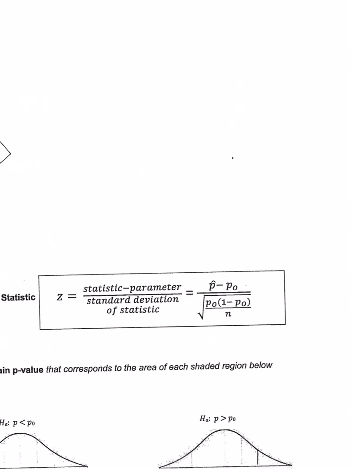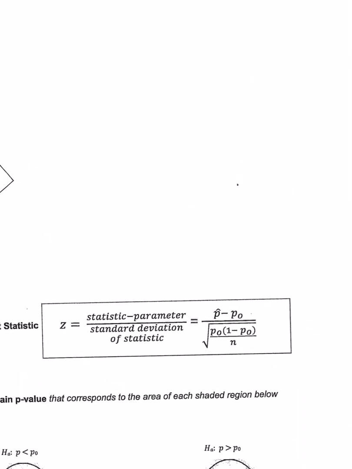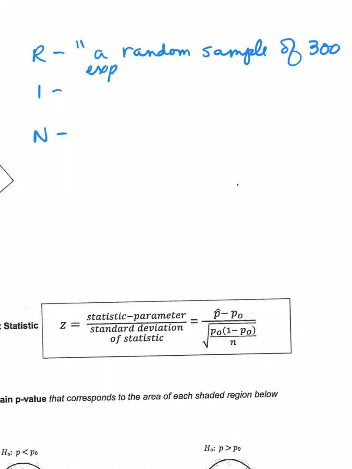Now it says assumptions. So what are my assumptions going to be? R, I, N, right? So where is random covered? Look at the second paragraph. Yep. A random sample of 300 expense reports, right? I, independent. We can reasonably assume what?